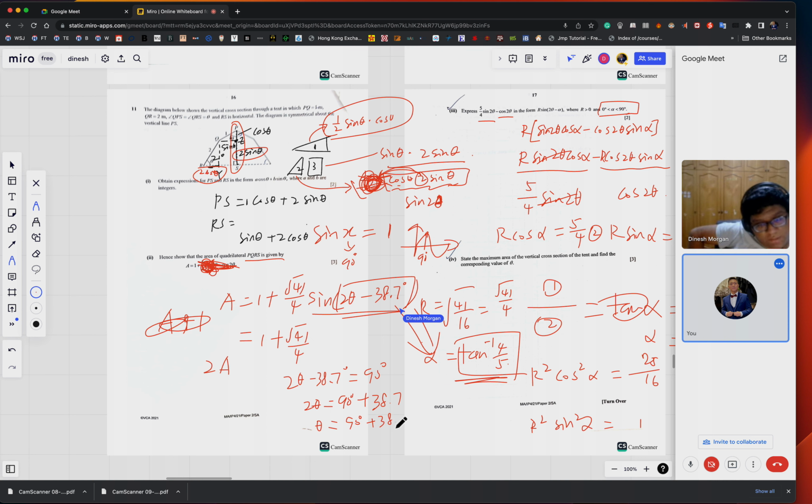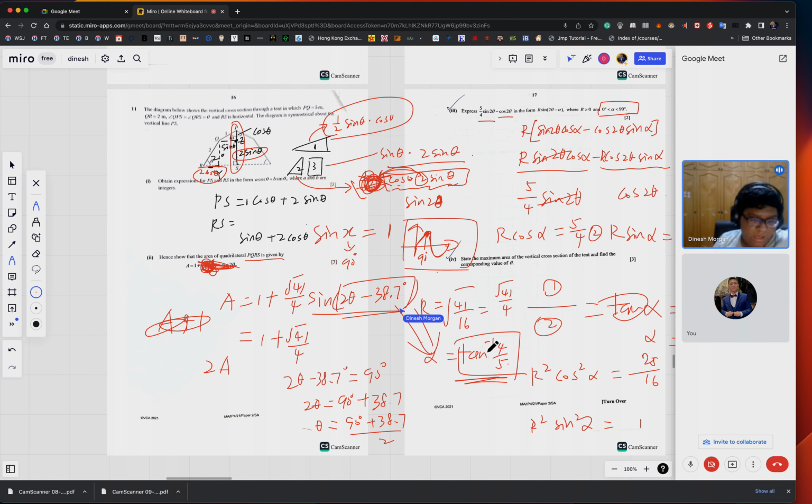Wait, if I don't know that 2 theta minus 38.7 is 90, can I just take sine of 2 theta minus 38.7 equals 1, then take inverse sine of 1? Yes, you can. But you should know, and it's good that you have a graphical calculator, so you can quickly see that sine x equal to 1 is at 90 degrees because of the basic curve.